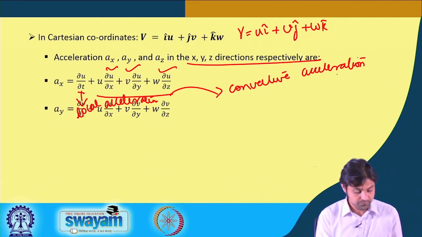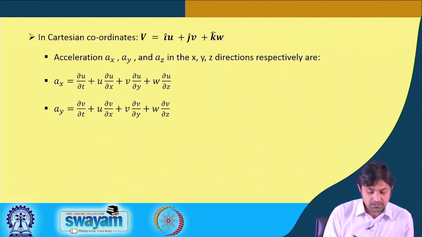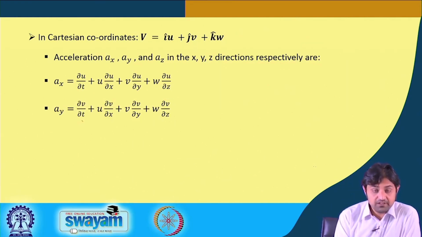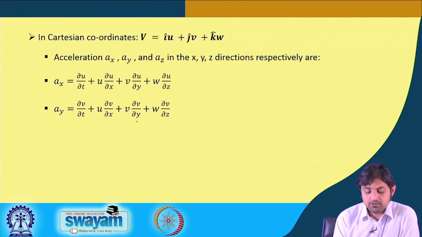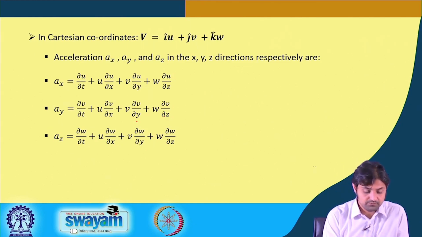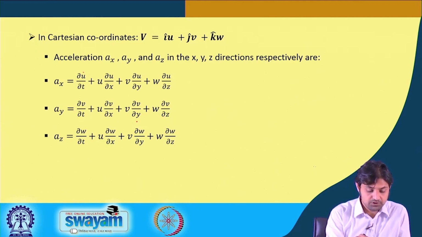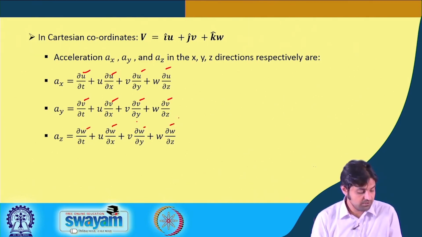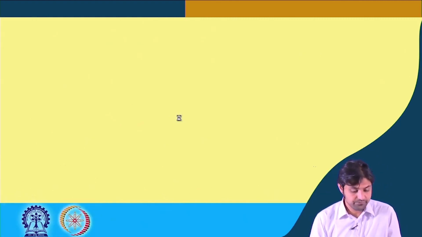Similarly for Ay as well: del v del t plus u del v del x plus v del v del y plus w del v del z. These are some important equations that you should be remembering. Az will be del w del t plus u del w del x and so on. So, you see u for Ax, v for Ay and w here for Az.